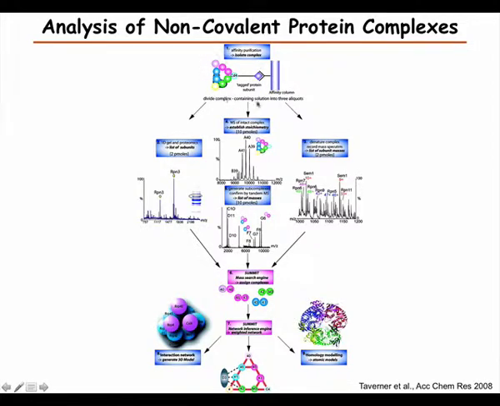So the idea is that one affinity purifies a complex of proteins, and then the first step is the same as one always does, that one just identifies the components, and then one can go back and, by knowing what the component list is, one can then measure the intact mass of the complex in mass spectrometry.